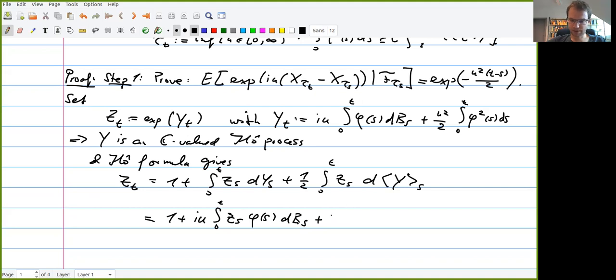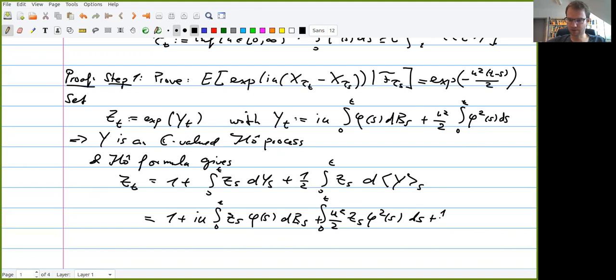Right, so we have u squared divided by 2, and then the integral from 0 to t of Z Y squared ds.